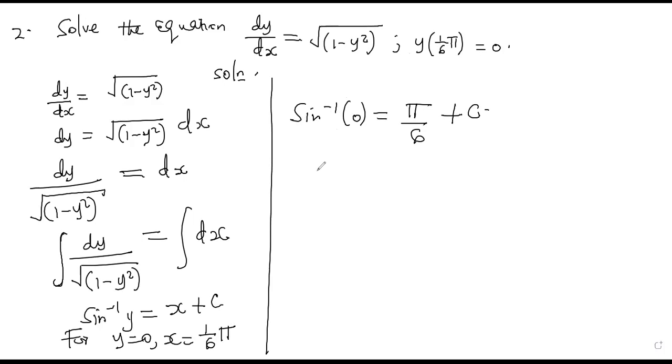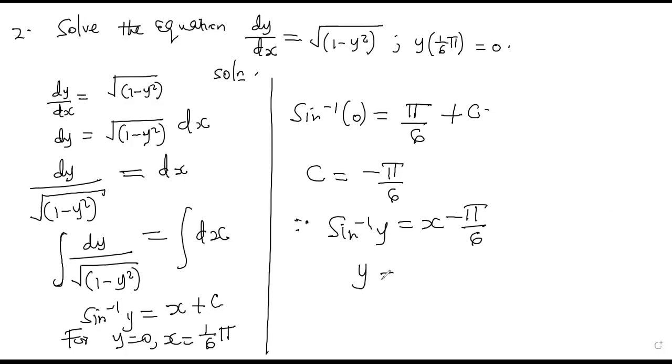This is 0, so it means that c is equal to negative pi over 6. If we substitute the value of c to eliminate the arbitrary constant, we shall have sine inverse of y is equal to x minus pi over 6, implying that y is equal to sine of x minus pi over 6.